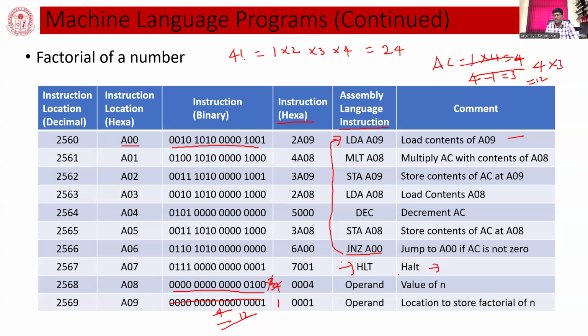By the time you reach this halt instruction, location A09 contains 24. So that is how this machine language program computes the factorial of a number.